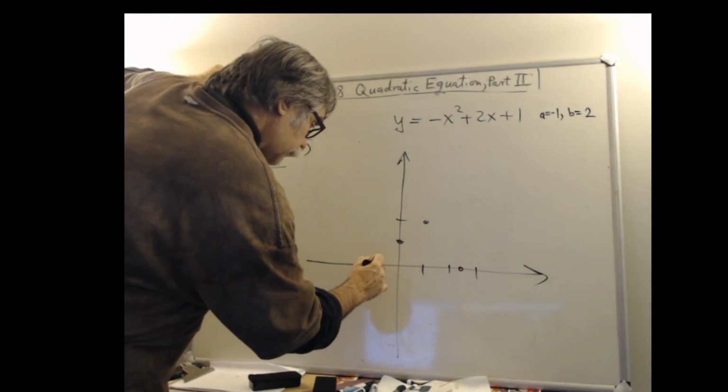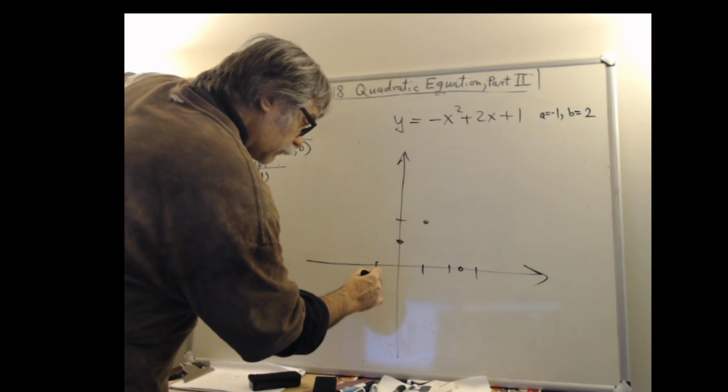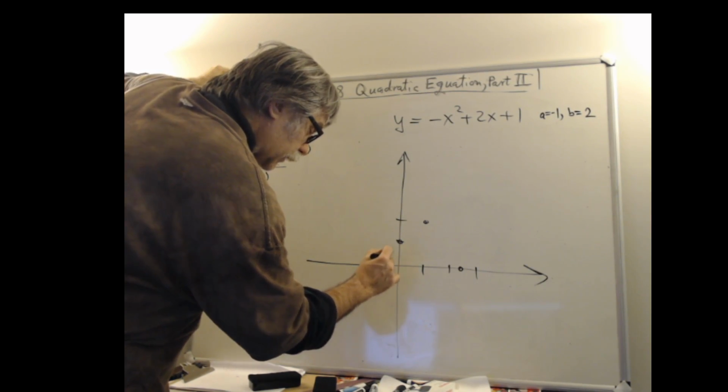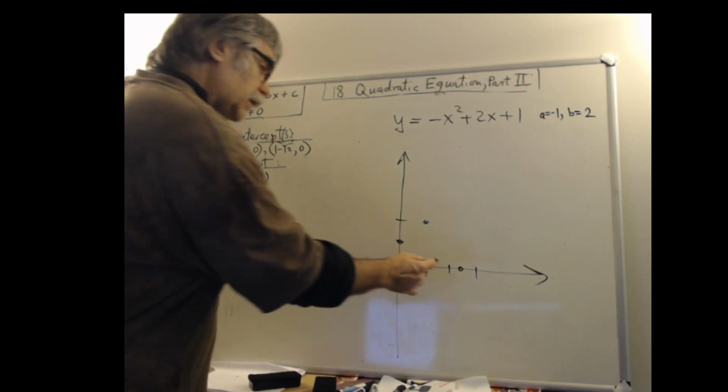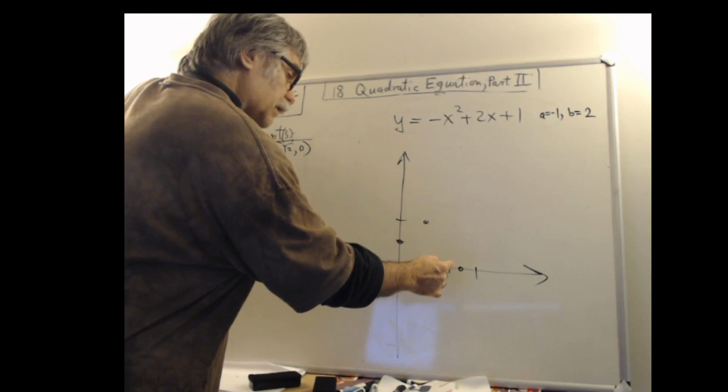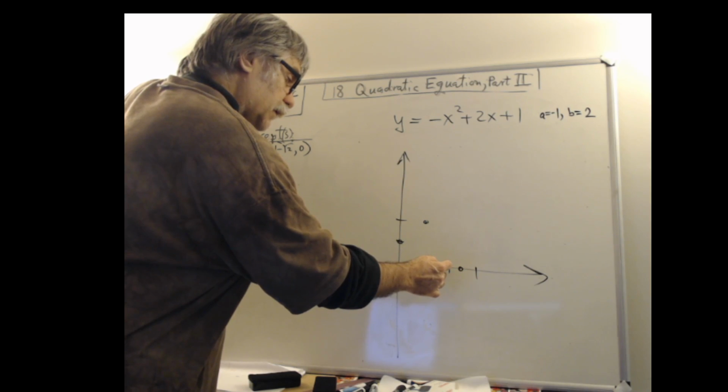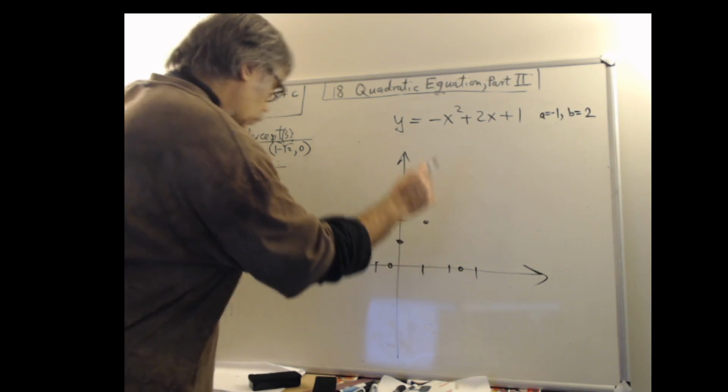So this is negative 1, and negative 0.41 is like here. It's a little less than 1/2, right? 0.41. So the next question would be what is this parabola doing at 2?